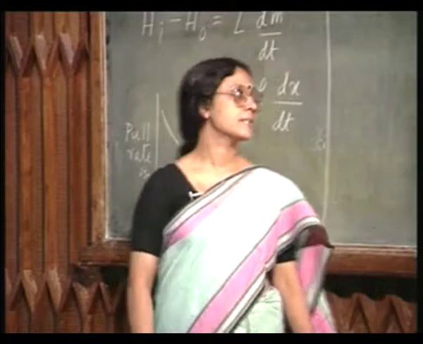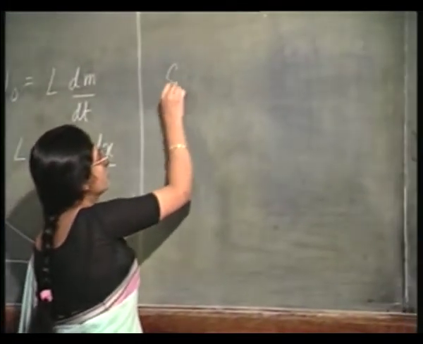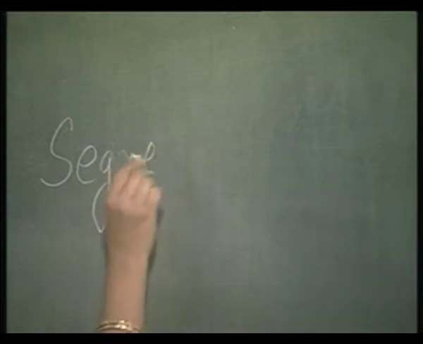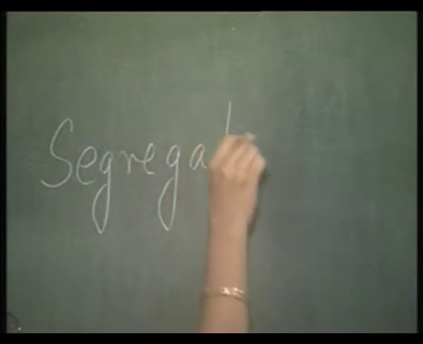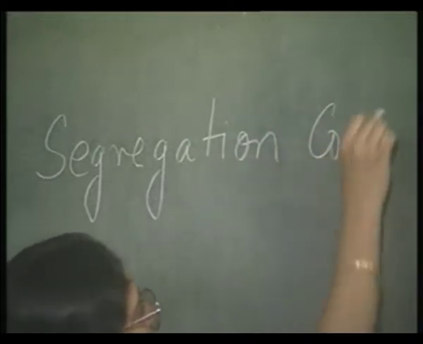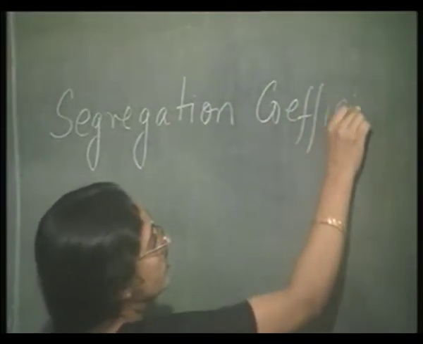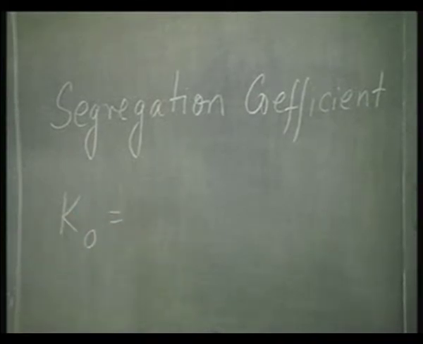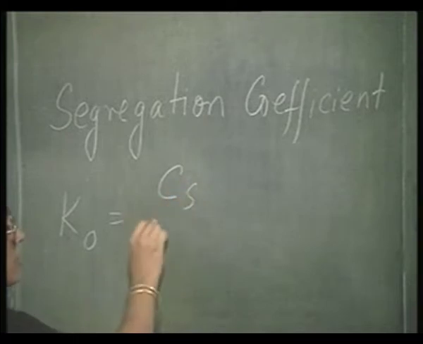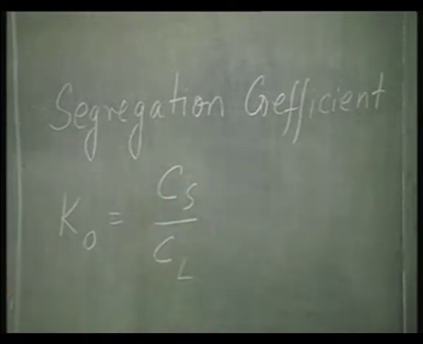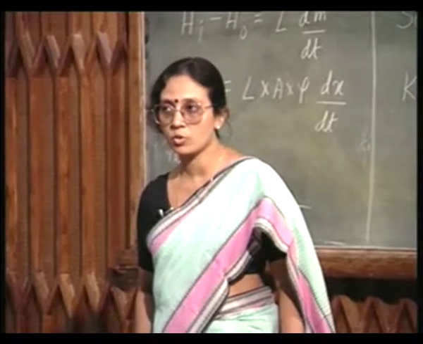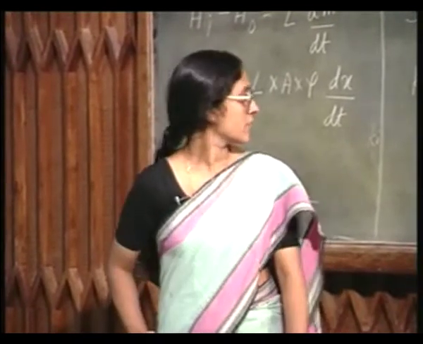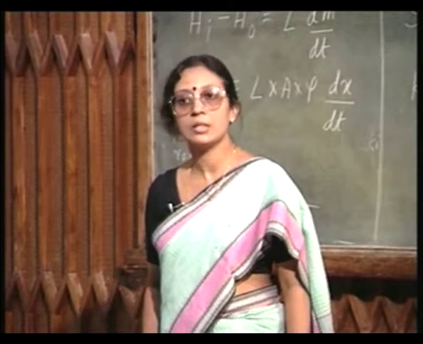This difference is given by the segregation coefficient, usually referred to as K naught, and K naught is given as the ratio between Cs and Cl, where Cs is the solid solubility of the dopant in silicon, and Cl is the equilibrium solubility in the melt.